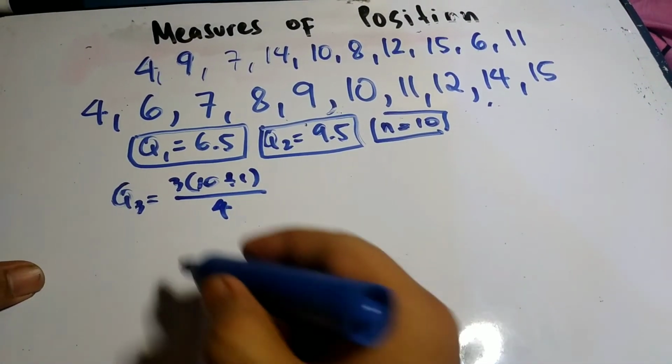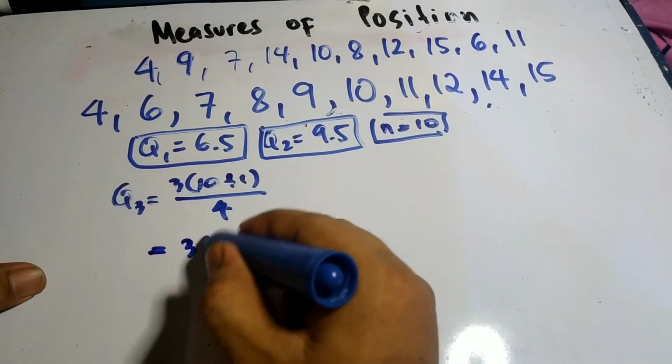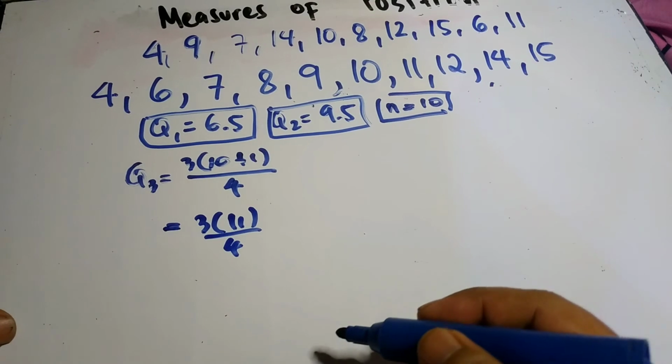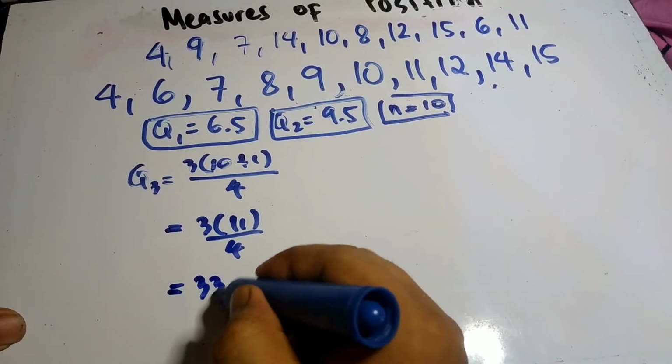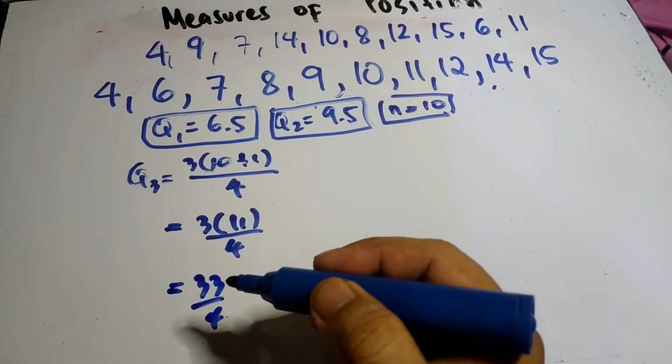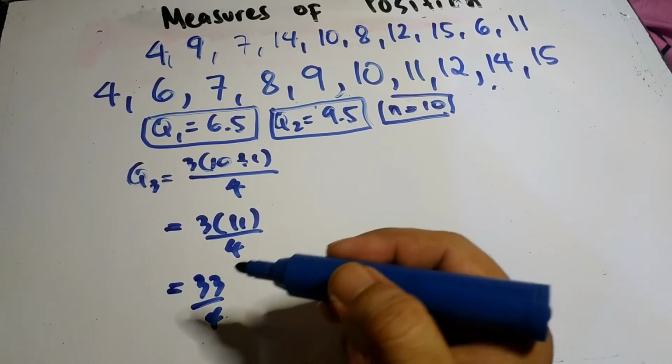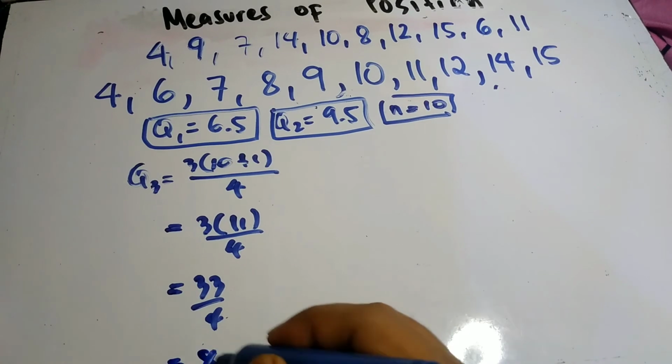So we have 3 times 11 divided by 4, so we have 33 divided by 4. Pag dinivide natin to, this is 8.25.